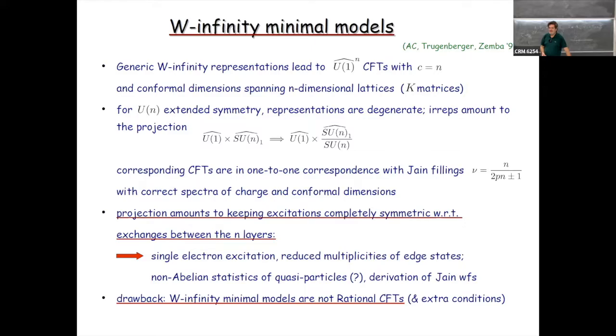P particles bound to two fluxes, which may or may not be co-prime. So you have the 1/5. If you have a five-fold degeneracy, you're abelian.